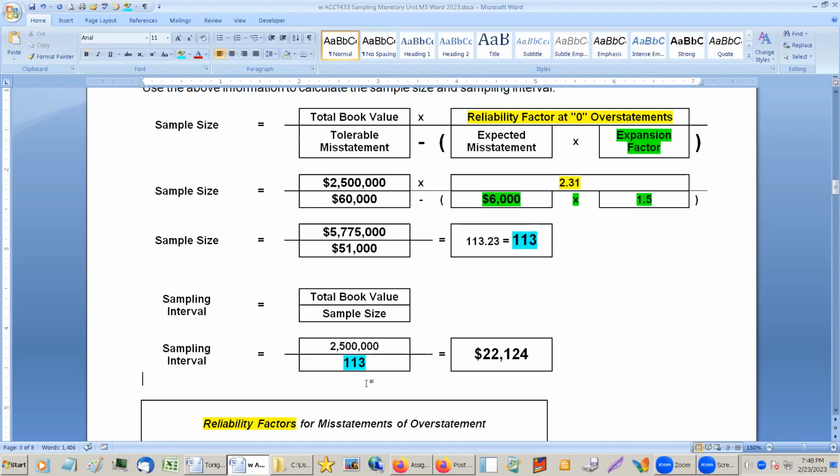If you did 114, let's see what it was. I got 21,934 rounding up to 114. There's something wrong here.